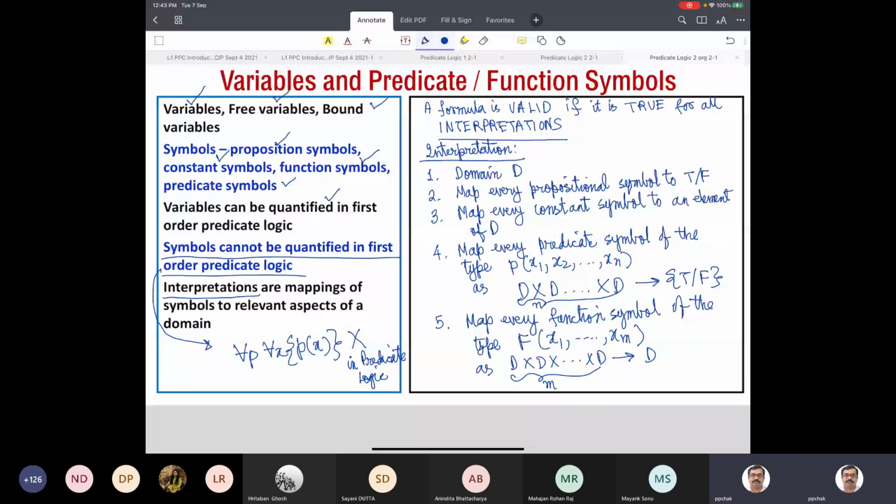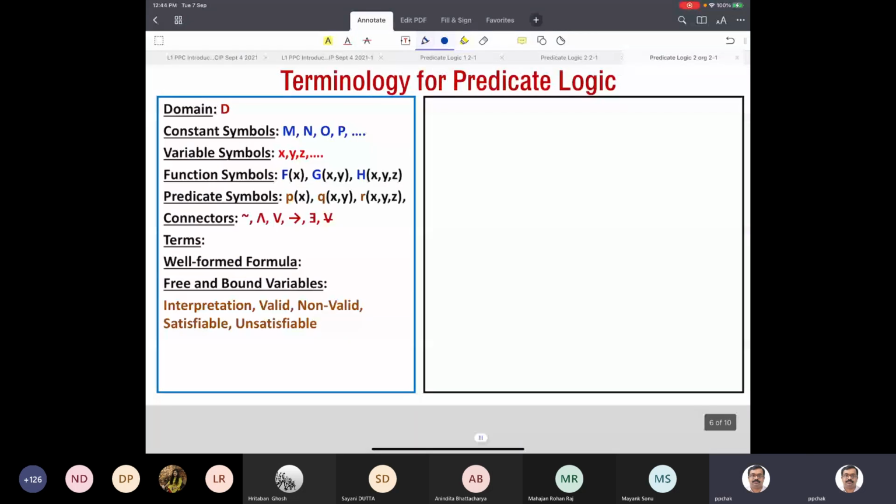So let us take an example. Our example is the Mary problem, with for all x. In that Mary problem, let us define a domain. Tell me any domain you want to define. You know that Mary, lamb, all those are symbols. Tell me an arbitrary domain you want to define.